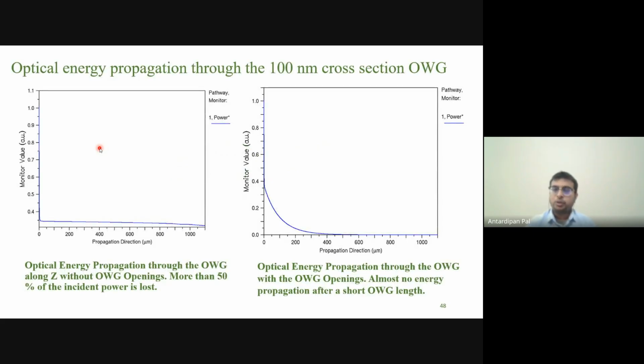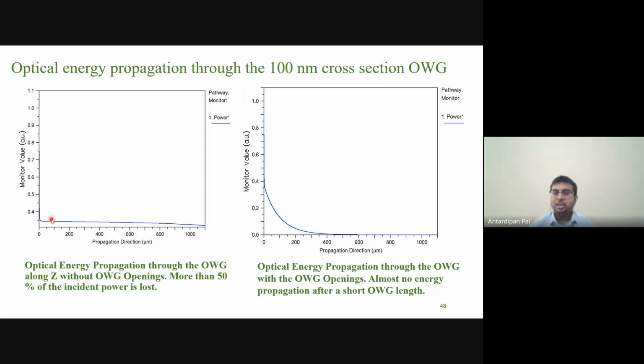Now, this is what we did. And we found if we use a 100 nanometer cross section, it's crazily bad. You can see almost more than 50% of the power is lost in transmission. Now, remember we told something in the third slide, size mismatch. Here comes the thing. You can definitely scale down an electronic component to as low as 20 nanometer, 30 nanometer, right?